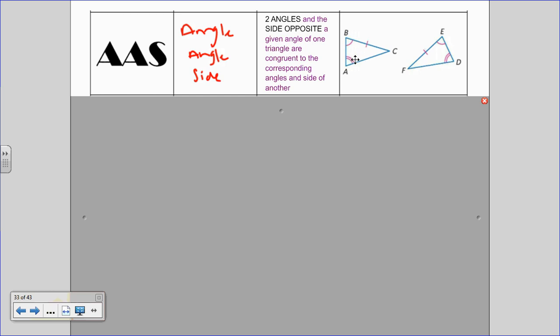Opposite means across from. So on the ABC triangle, we're given angle A and angle B, and then we're given the side opposite angle A, BC. We could have been given the side AC, but we will not use it if it's BA. So it has to be across, opposite of one of the given angles.